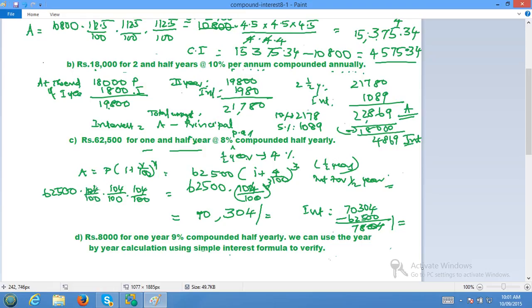This will become 26 by 25. This is also 26 divided by 25. So these two zeros you can cancel.